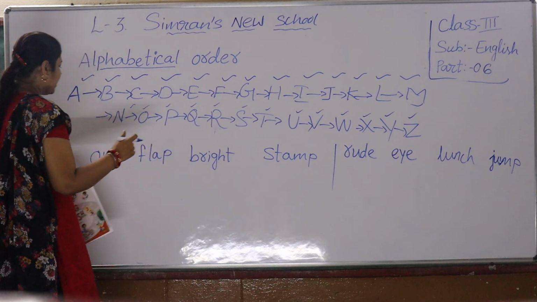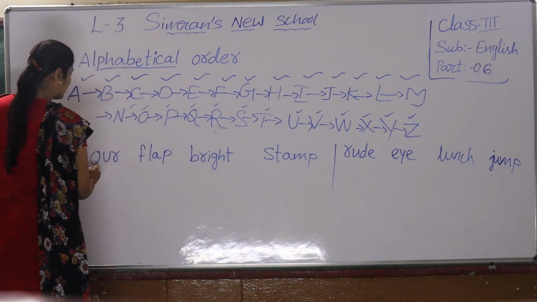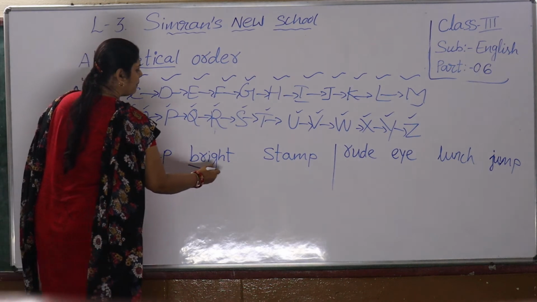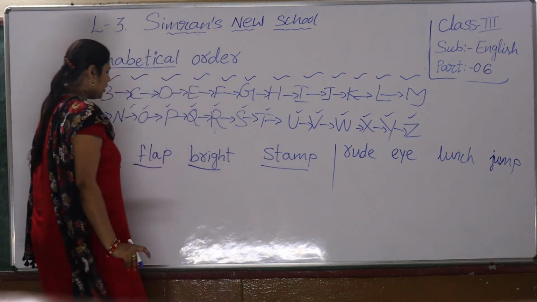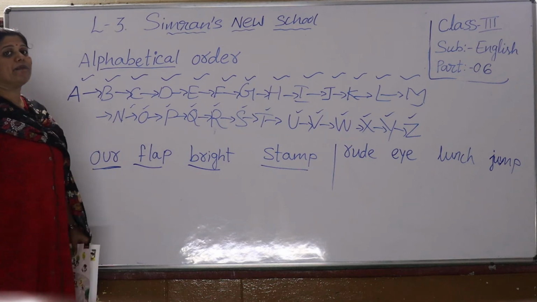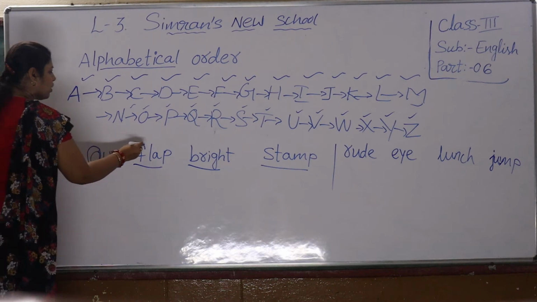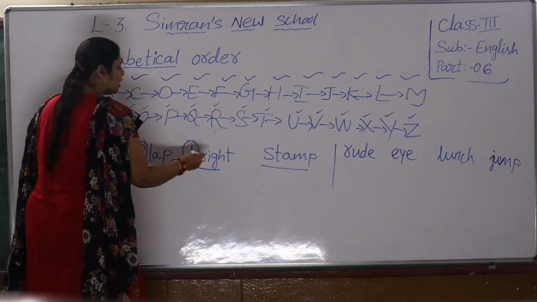For example, let's see. Here see O, F, B, S. So here I wrote our, flap, bright, stamp. Here you see four words I have taken, children. To write in alphabetical order, the first rule is to take the first letter of each word.